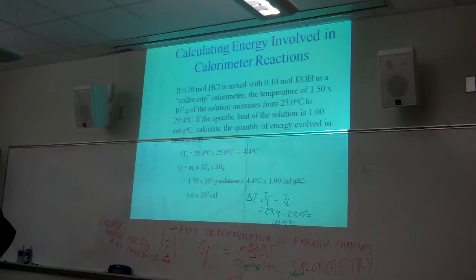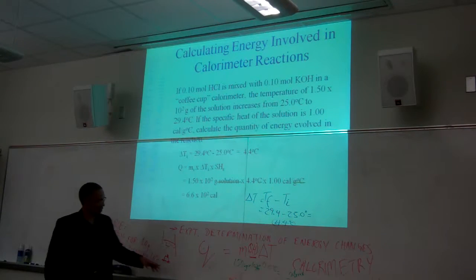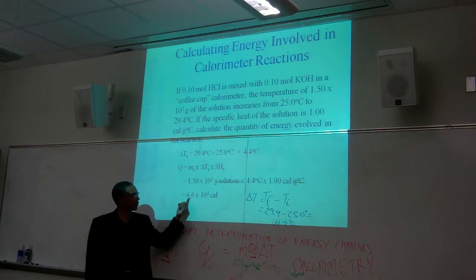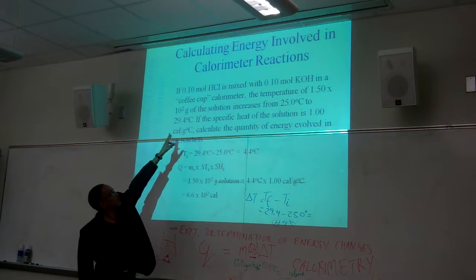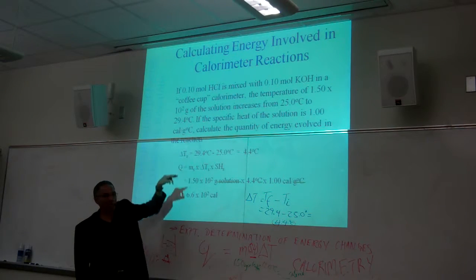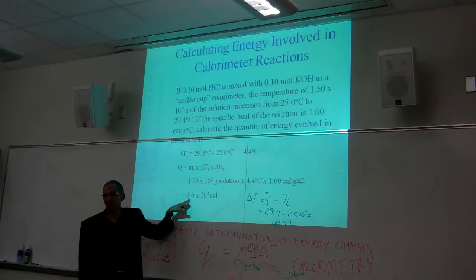Why do you think they reported 6.6 rather than 6.60 here? Why is this 2 sig figs instead of 3 sig figs? Anybody? When you started up there, everything had 3 sig figs. So why isn't this 3 sig figs? Why isn't it 6.60?